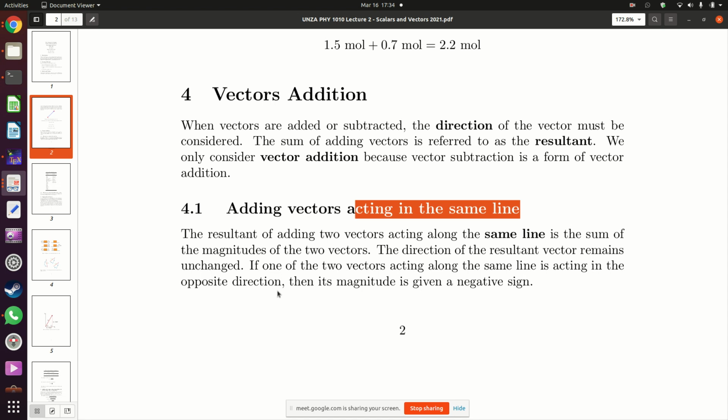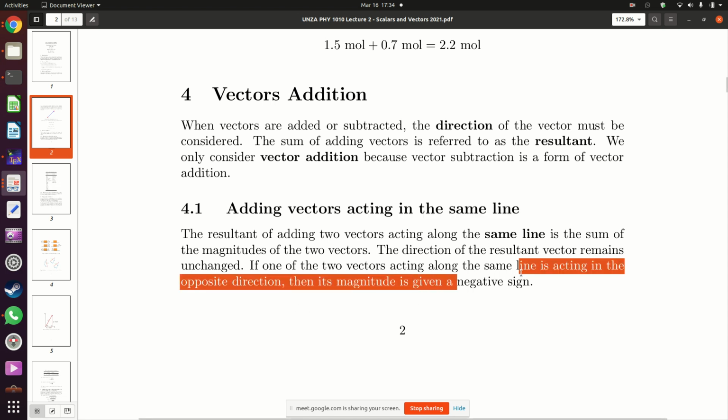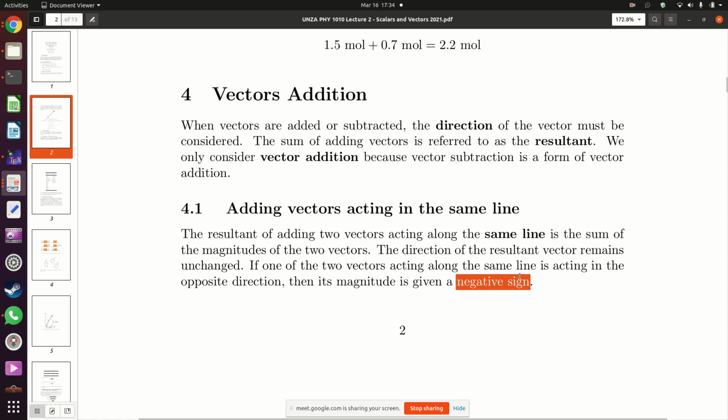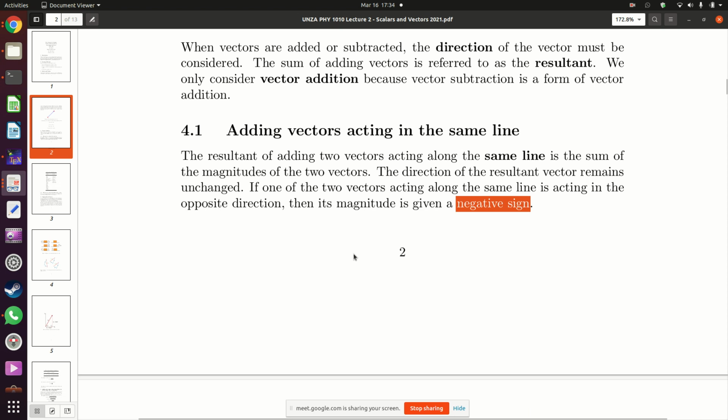For the vector which is pointing in the opposite direction, we put a negative sign in front of the size of the vector. So why are we interested in these? Well, it turns out that if your vectors are pointing in the same direction, you just add their sizes because the direction is going to remain the same.